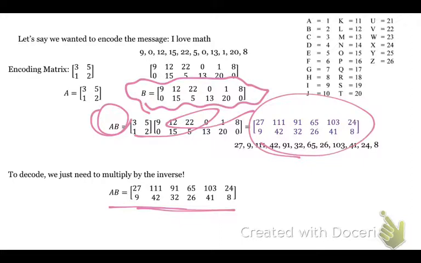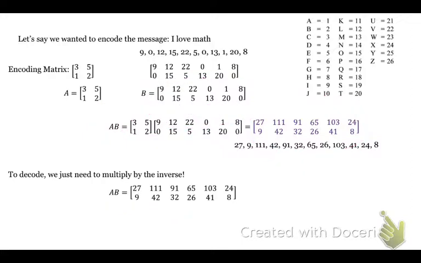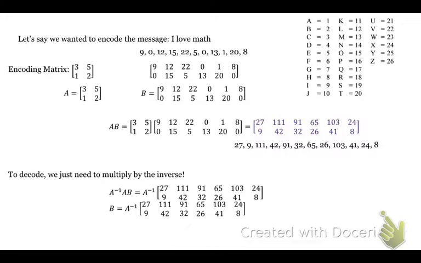The only way to do that is to multiply by A inverse on the left side of both of these. A inverse times A is the identity, so that cancels out and you're left with B equals A inverse times that matrix.